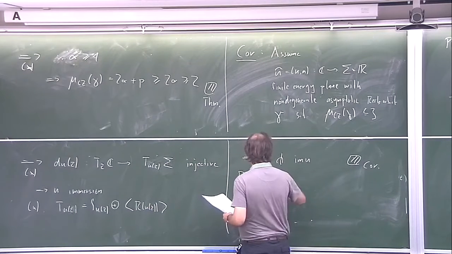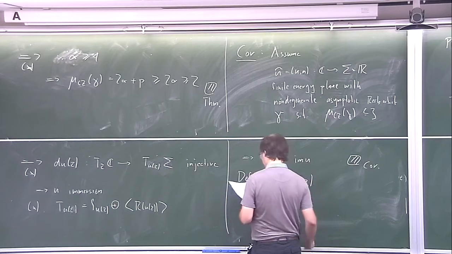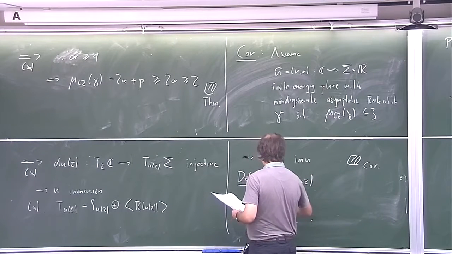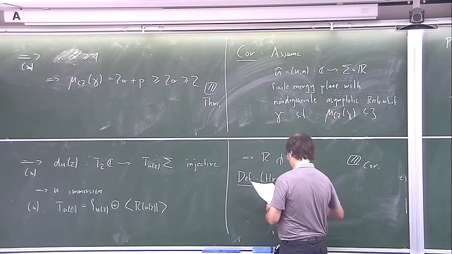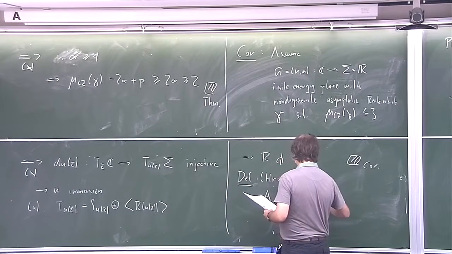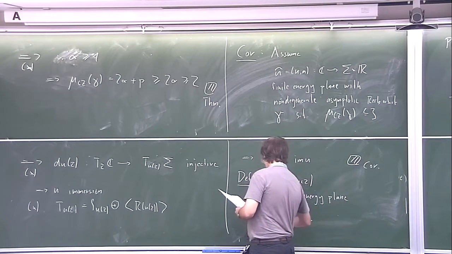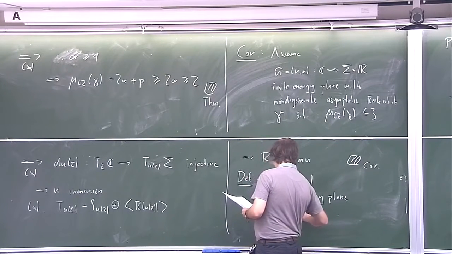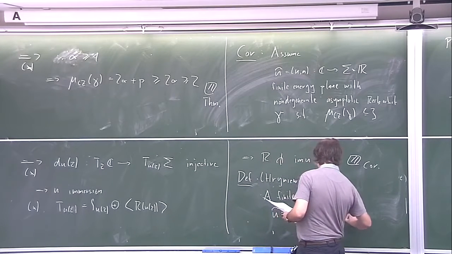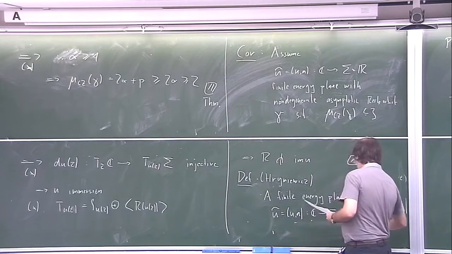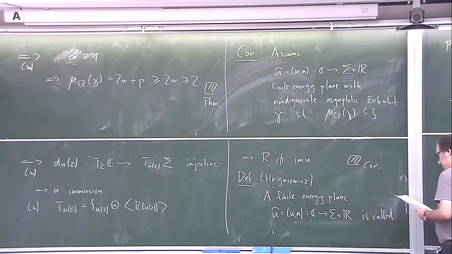So one way to define a fast finite energy plane is the following. A finite energy plane u tilde from C to sigma times R is called fast.